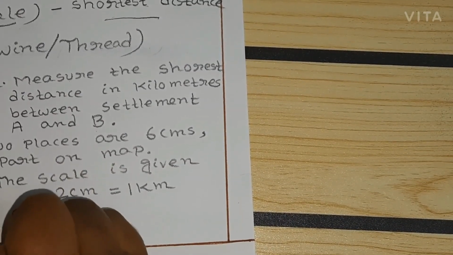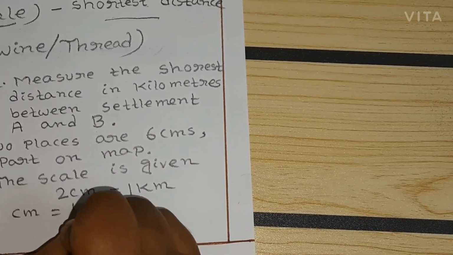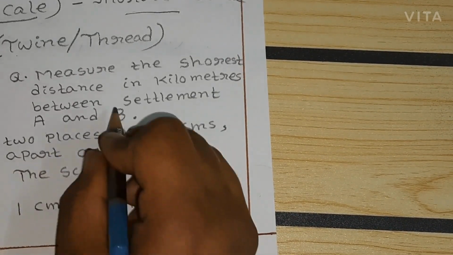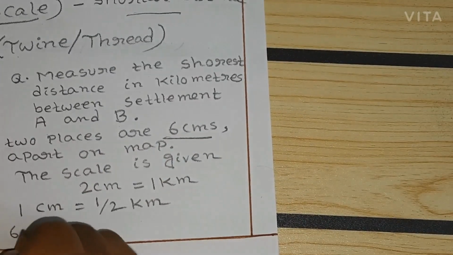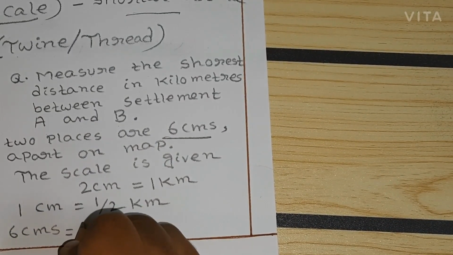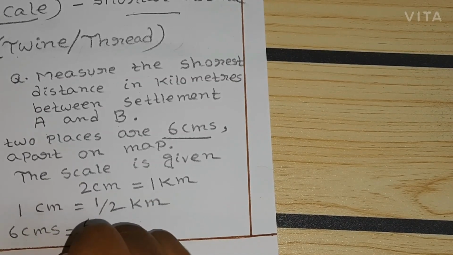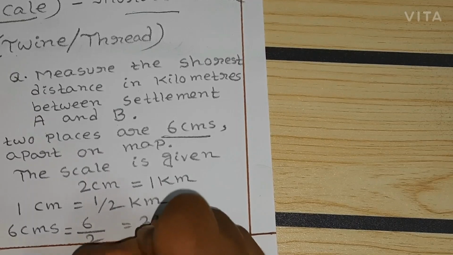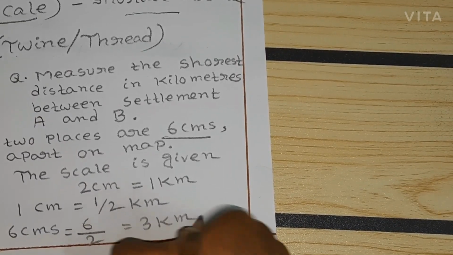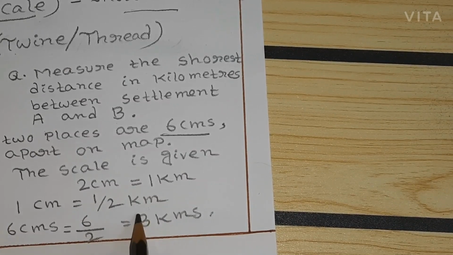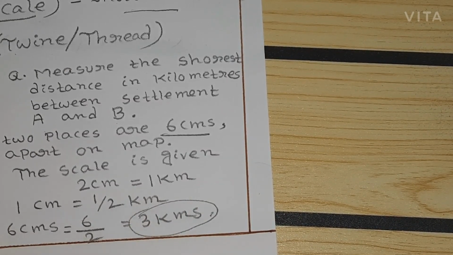So 1 centimeter will be 1 by 2 kilometer. Okay, how much we got? 6 centimeters. So 6 centimeters will be 6 by 2. So ultimately we are getting 3 kilometers, right? So this is our answer on the ground.